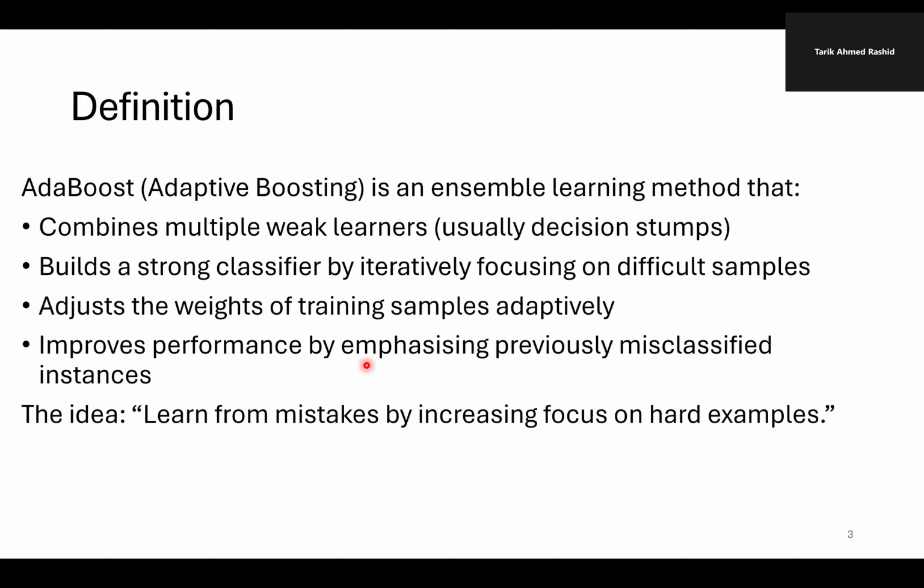And more definition on it: it's an ensemble learning method that combines multiple weak learners, usually decision stumps, which builds a strong classifier by repeating and focusing on difficult samples, which adjusts the weight of training samples adaptively and improves performance by focusing on previously misclassified instances.